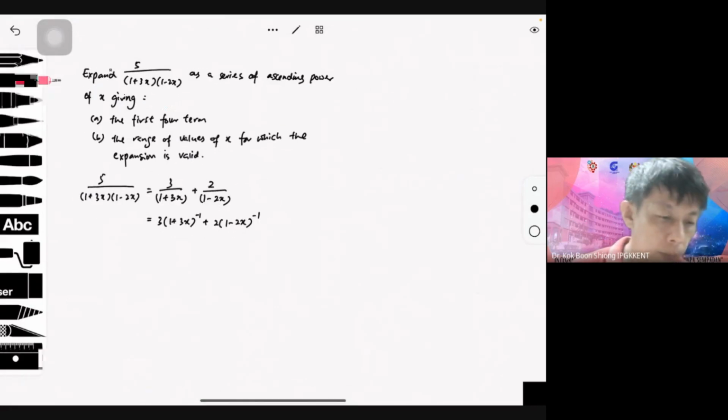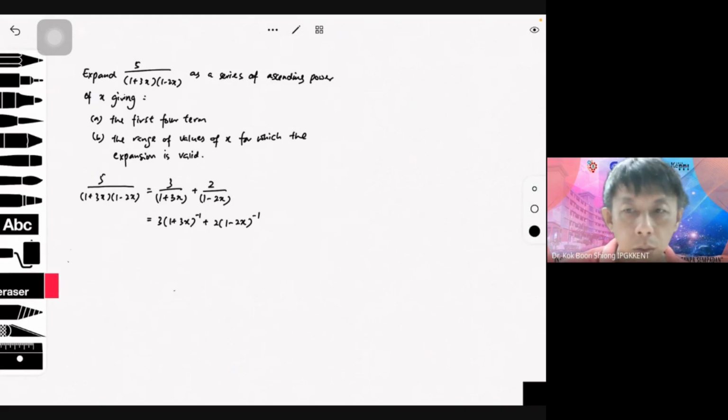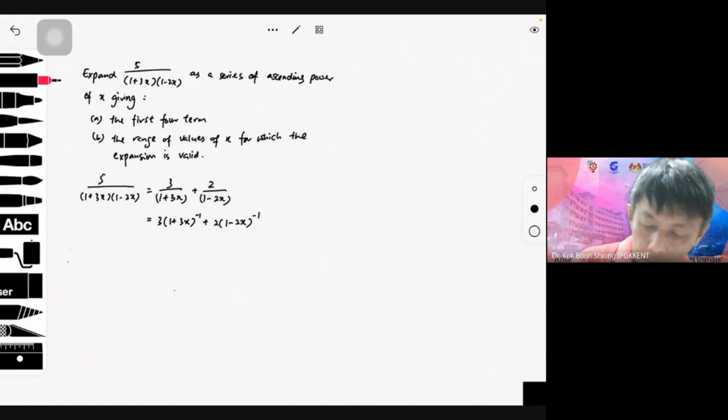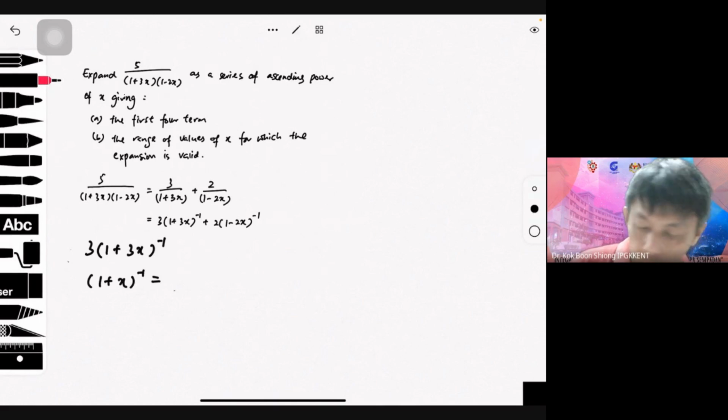Okay, the first part. We will start by solving 3 times 1 plus 3x to the power negative 1. We know that the formula is 1 plus x to the power negative 1 equals 1 minus x plus x squared minus x cubed, and so on.